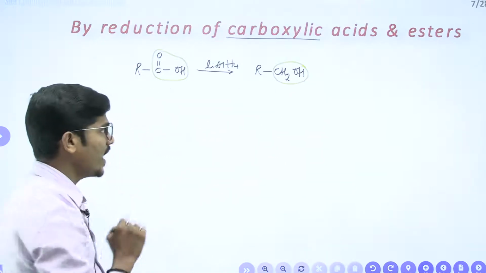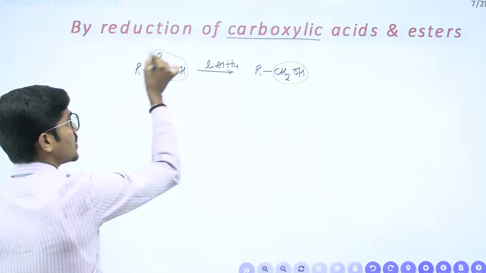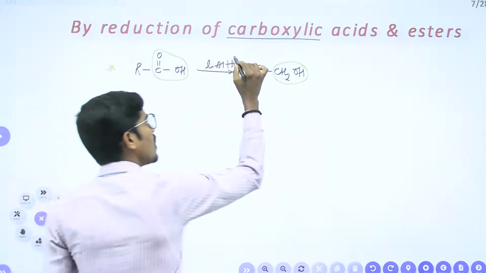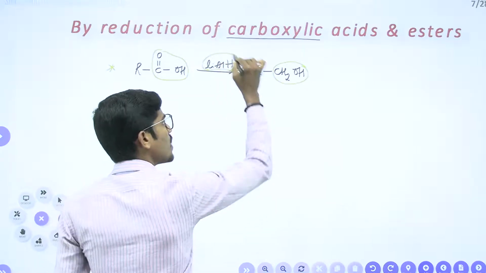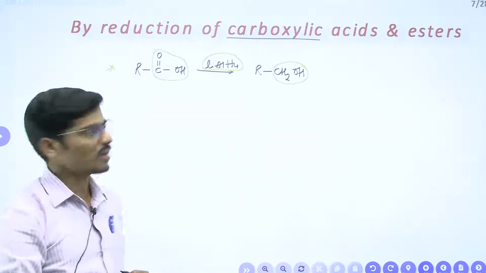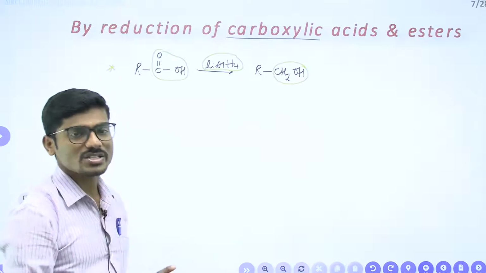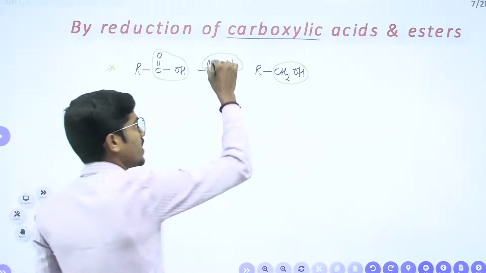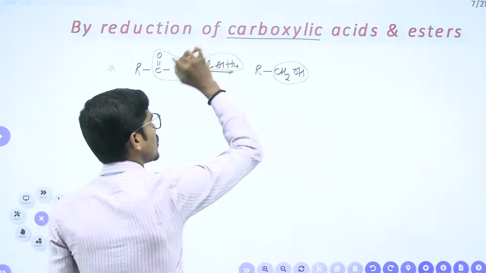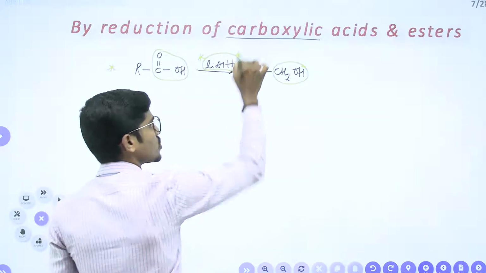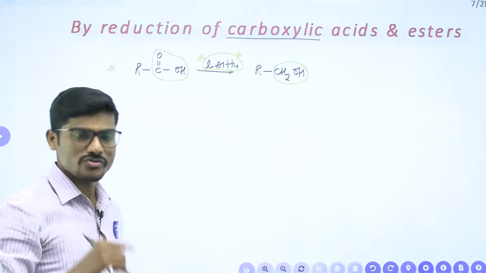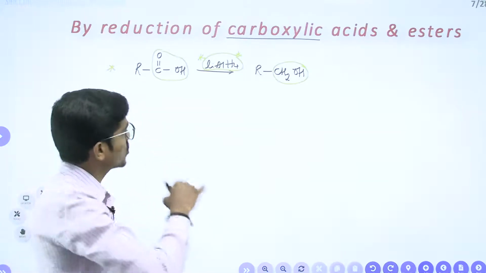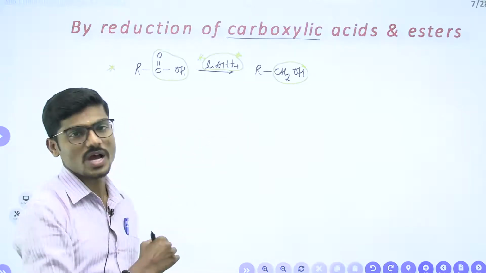And remember, the reduction of carboxylic acid using lithium aluminum hydride gives the best yield of alcohols. But this reaction cannot be used in the laboratory because lithium aluminum hydride is very expensive in nature. So we use an alternative method for the reduction of carboxylic acid into alcohol.